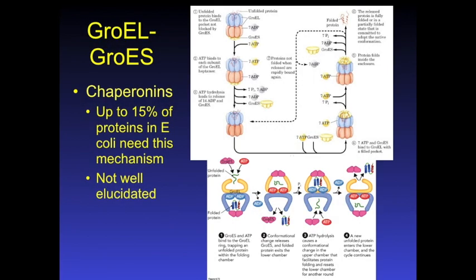Here are the pictures of what happens. And so you can see the unfolded protein gets in there. On this side, there is a much more folded protein. The cap comes in and binds. There are 7 ATPs being bound. When this conformation occurs, it moves this protein such that it releases the cap. The protein that was being folded falls off.